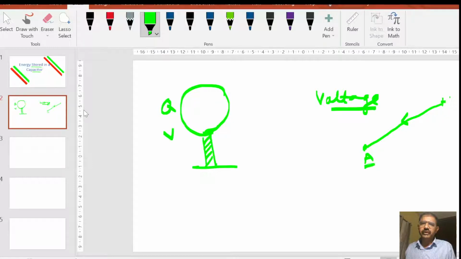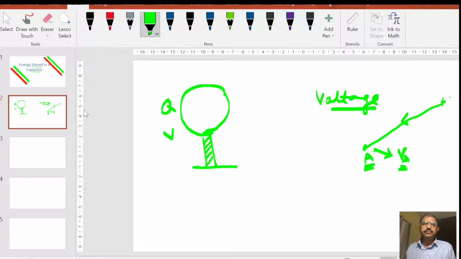So if I want to find the potential of point A, I bring a unit positive charge from infinity to this point, and whatever work has to be done is equal to the potential of point A.